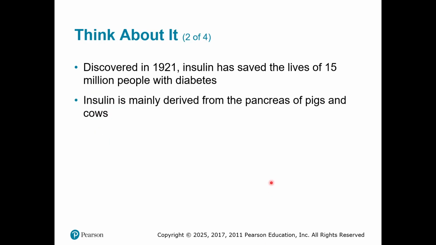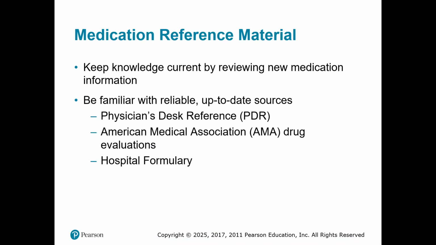And the think about it item here: discovered in 1921, insulin has saved the lives of 15 million people with diabetes. And insulin is mainly derived from the pancreas of pigs and cows. Interesting.